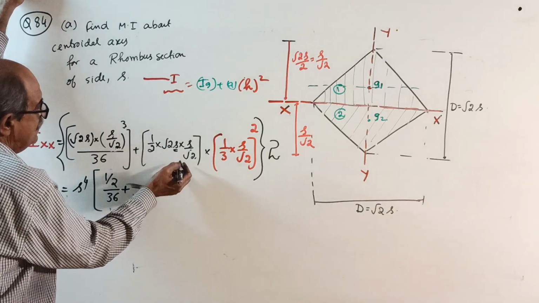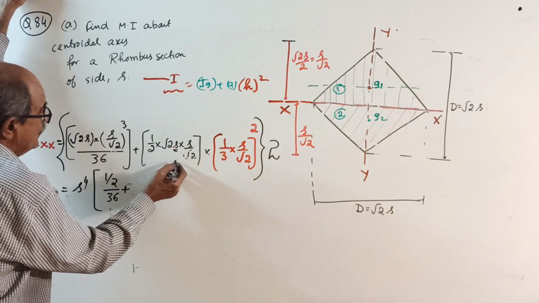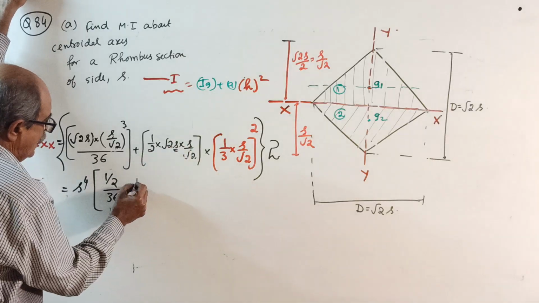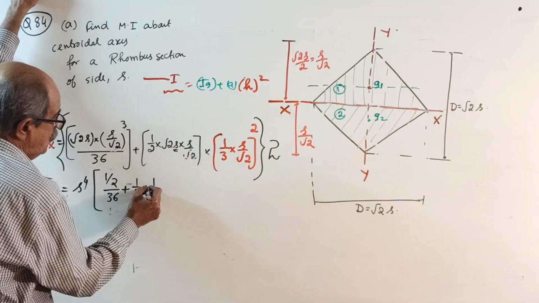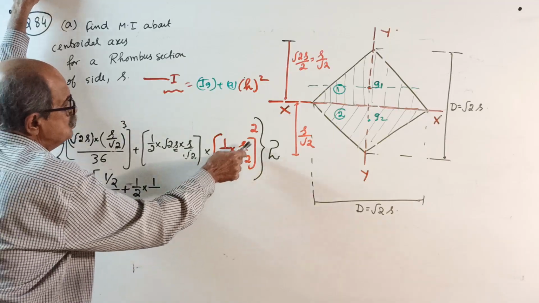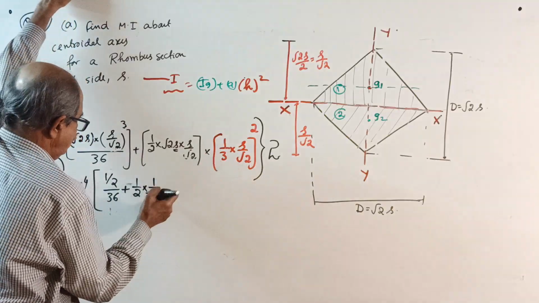So what remains is 1 by 2 times, 1 by root 2 square is 2. 3 square is 9, 9 into 2 is 18.